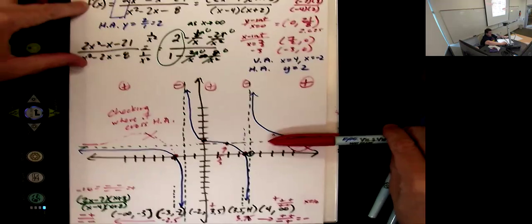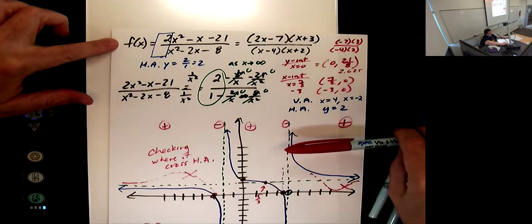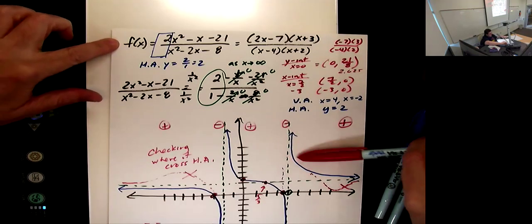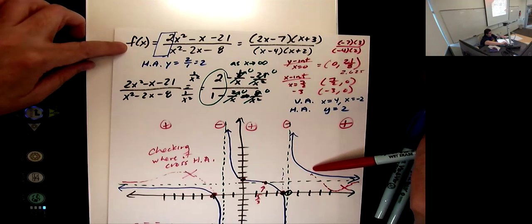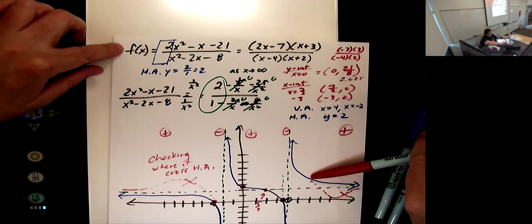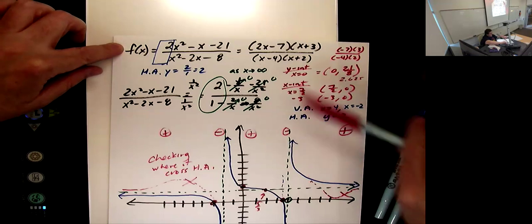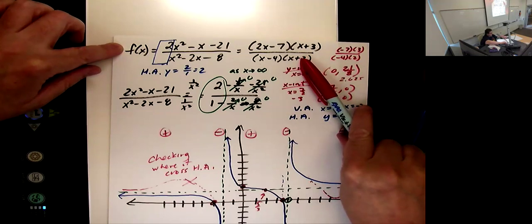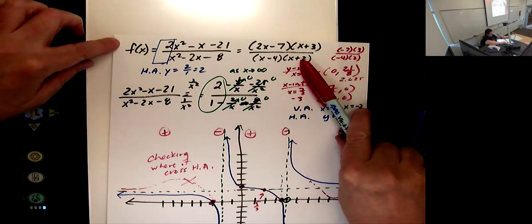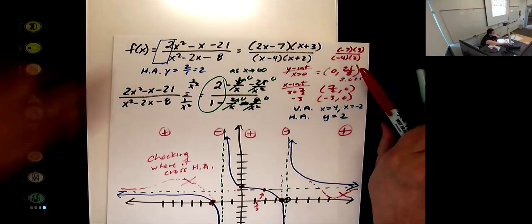Y is actually f of x though. So if I plug in f of x equals 2, I make this right side equal 2. And now all I've got is x's, and I can actually figure out what x's work to make the right side 2 by solving. Oh, okay, so you just set up the equation.